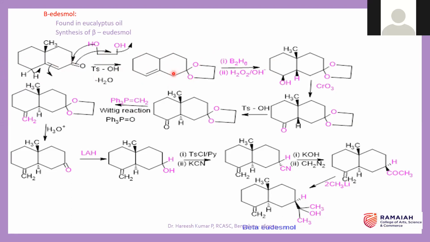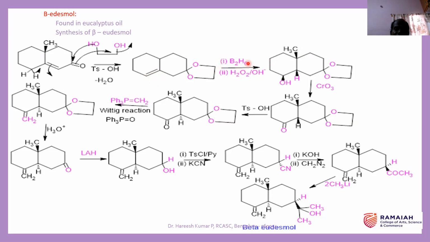And here a reaction of borane, more particularly diborane. Diborane is a liquid at low temperature. The reactive species in this is H and BH2. How will it add? Hydrogen will add to the more substituted carbon, and BH2 will add to the less substituted carbon. That is the speciality about diborane addition.